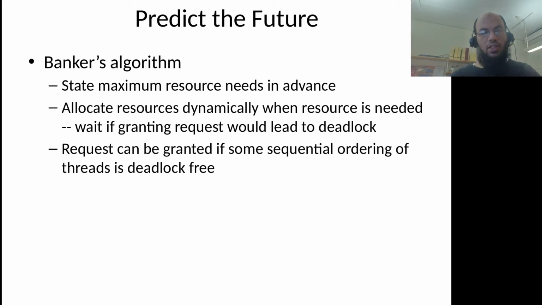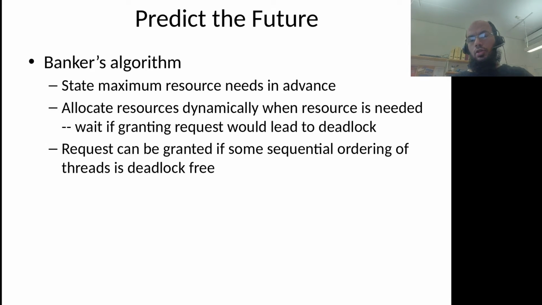You basically say, okay, I need this much memory and these three locks and this data to proceed from the very beginning. But you do not get these allocated blindly when you start.